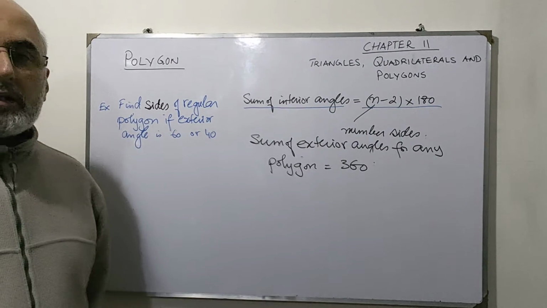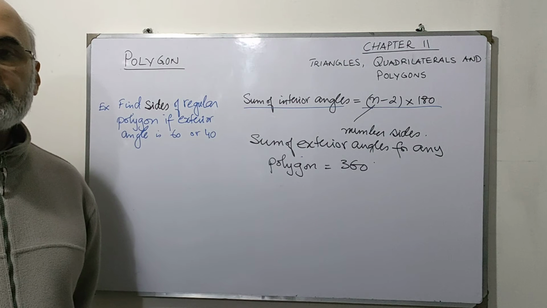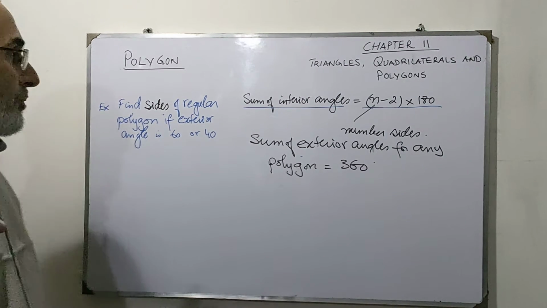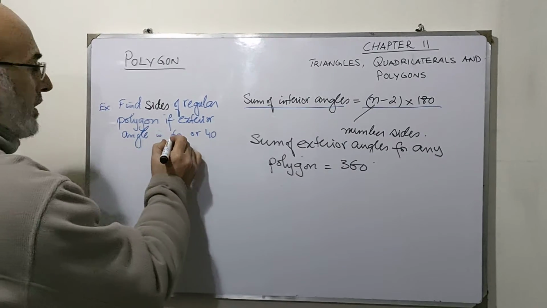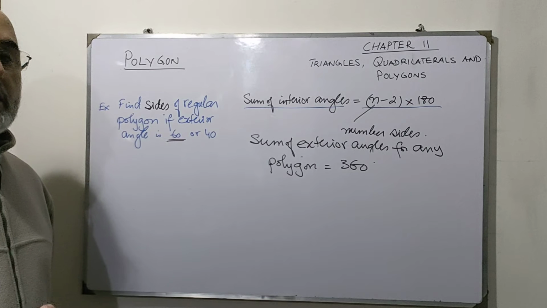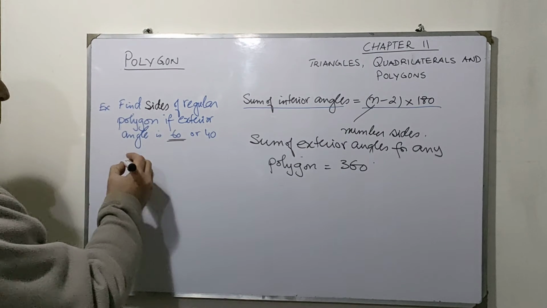Now we know that the sum of exterior angles is equal to 360 degrees, right? Now it's a regular polygon, and any of the exterior angles is 60 degrees. So what are we going to do?